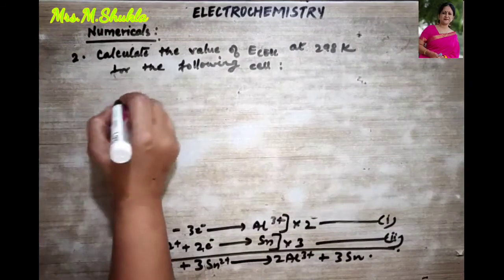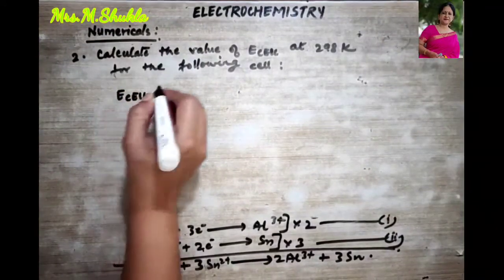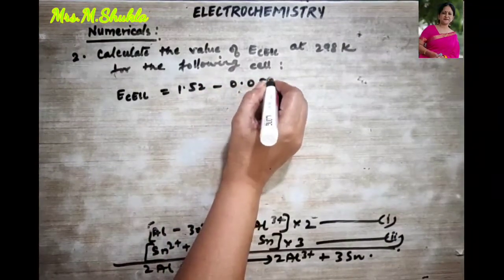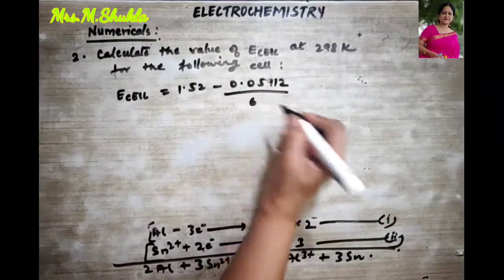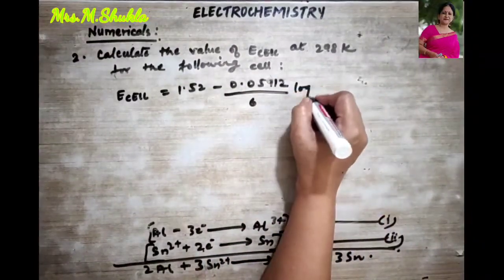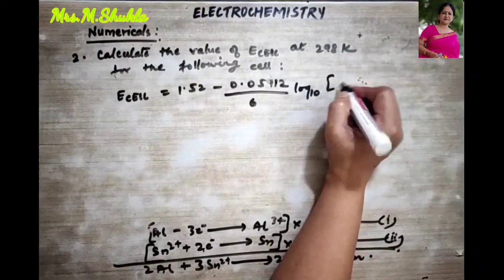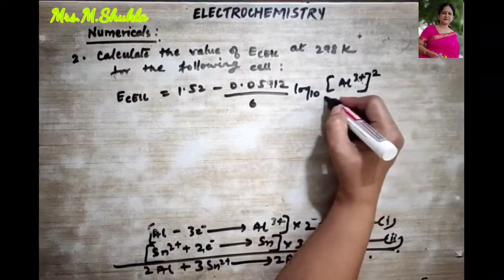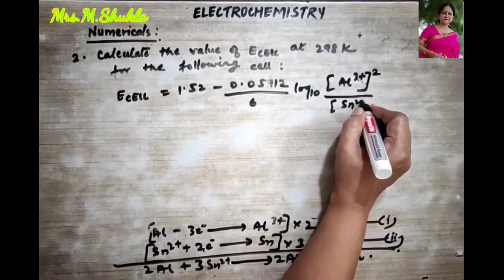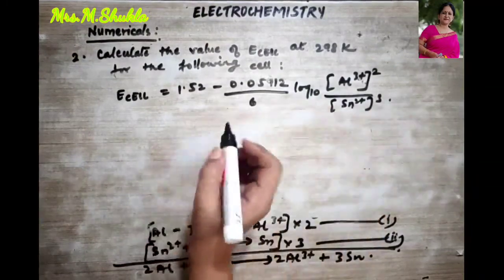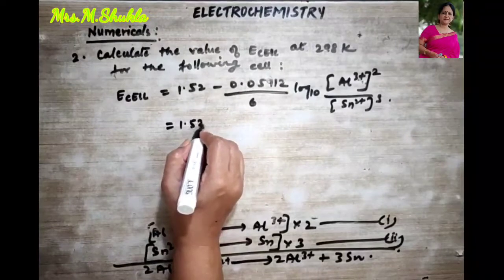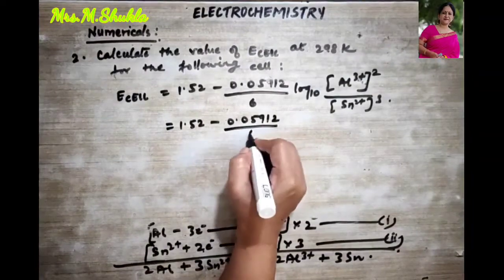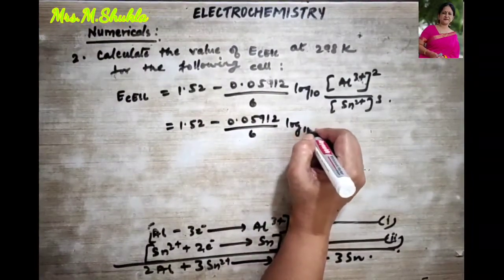Clear? Further, E cell is equal to 1.52 minus 0.0591 upon 6 log 10 of aluminium ions power 2 upon tin ions power 3. So this will be equal to 1.52 minus 0.0591 upon 6 log 10.